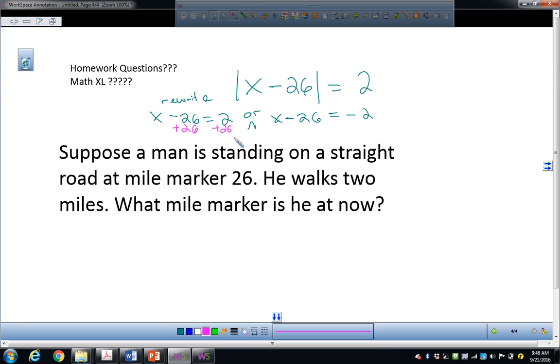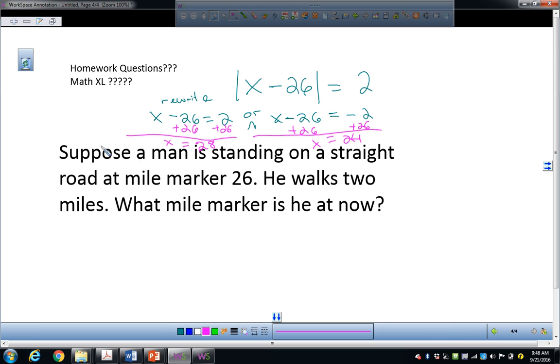Do you remember that, sir? Okay. X equals what? 28, not 38. How do I solve this? Add 26 again. So I get x equals what in this case? 24. Do both of those make this true?